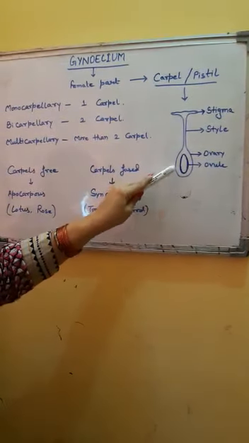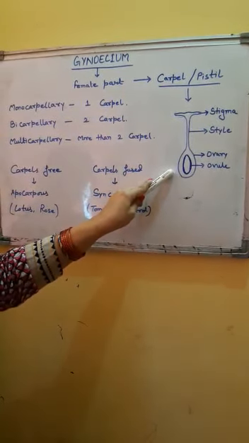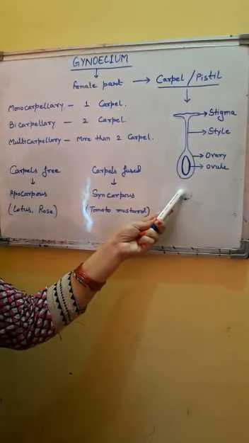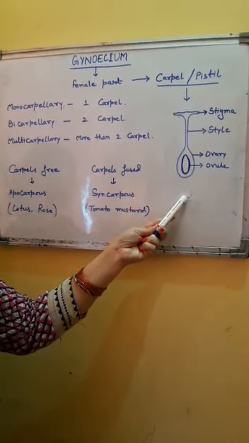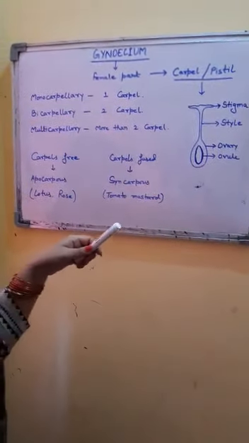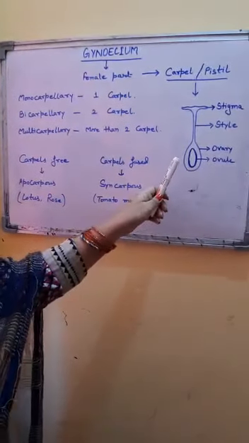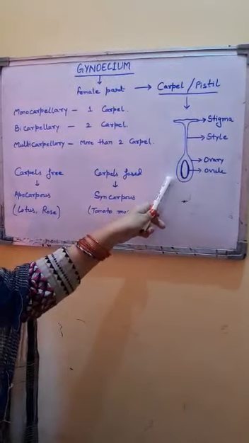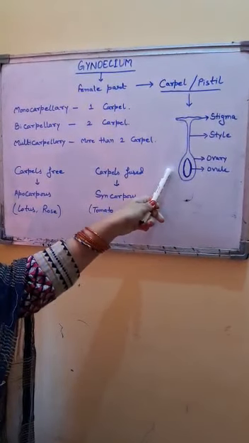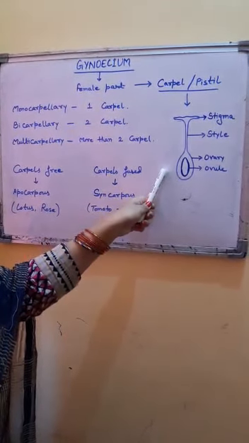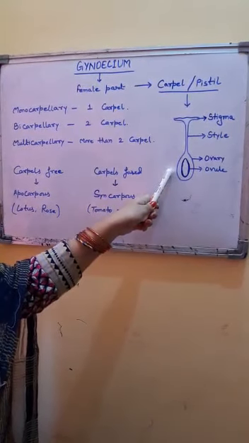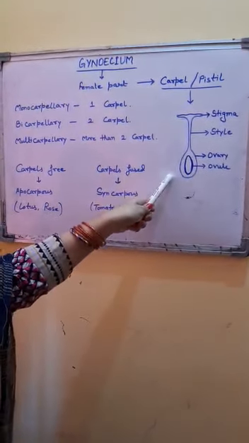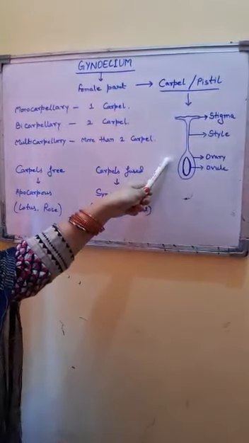And the third part of the pistil or carpel is the basal swollen part called ovary. The ovary contains ovule. This is the structure of a typical carpel or pistil.